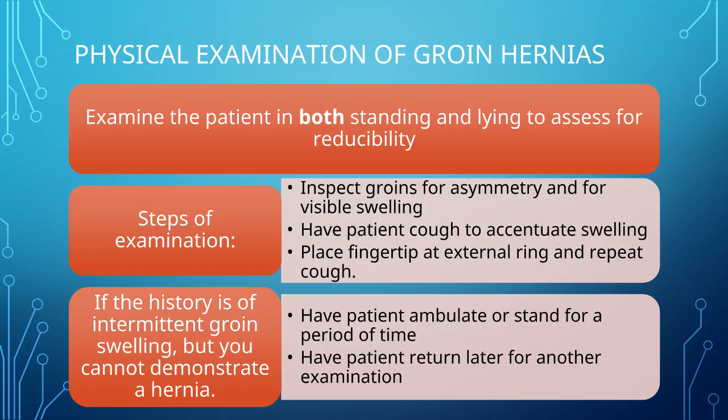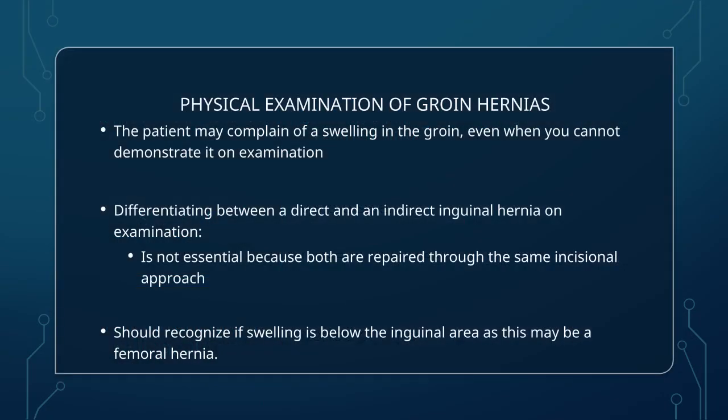If the history is strong but the exam is negative, have the patient walk around or come back for a late-day appointment. Believe the patient. The patient may complain of a swelling in the groin, even when you cannot demonstrate it on physical examination. Precisely differentiating between direct and indirect hernias on physical exam is difficult and unnecessary, as the surgical approach is the same.